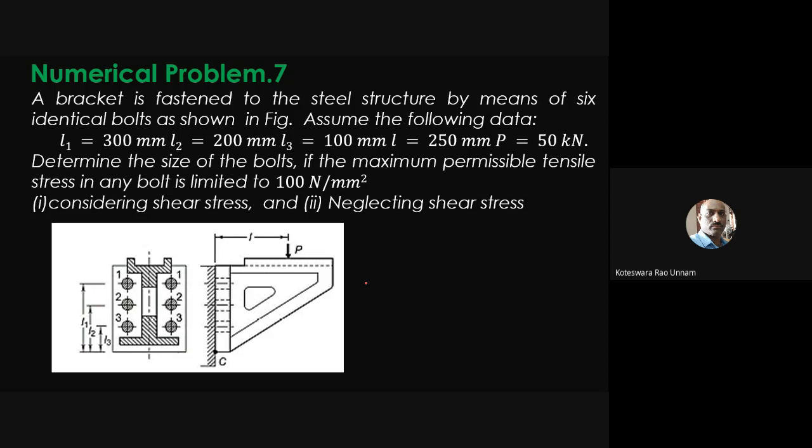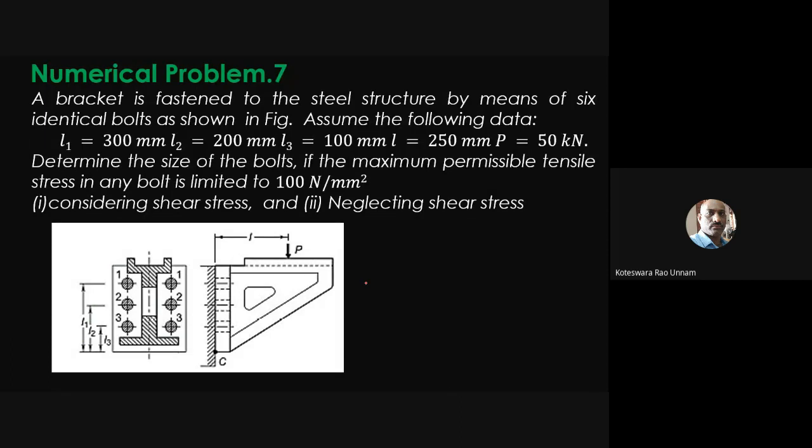Previously we discussed how we can analyze a bolt when it is subjected to an eccentric load which is perpendicular to the axis of the bolt. We know that there is a direct shear stress and there is a tensile stress. In the question, he mentioned: if you ignore the shear stress, what is the size of the bolt?